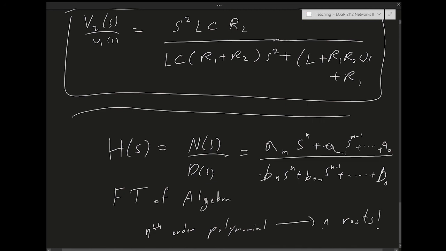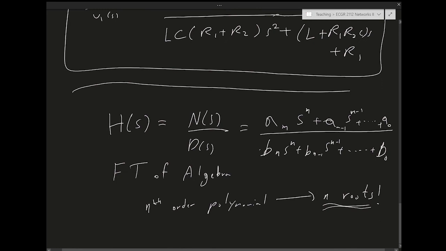Now those roots might not all be real. Some of those roots might be complex. But the theorem states that any nth order polynomial is going to have n roots. A second order polynomial is always going to have 2 roots. Sometimes those roots might not be real, but they might be complex conjugates, but they'll always have roots.